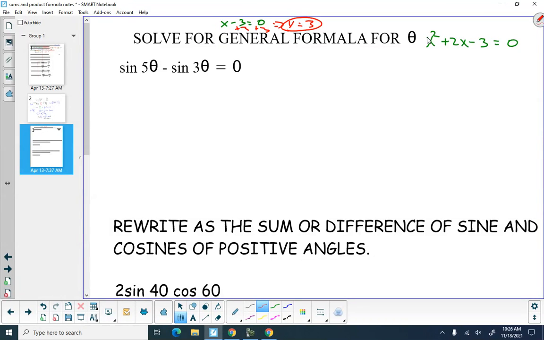Expand it out, you put it in parentheses. You factor it down. So we have two factors. These two factors would be x plus 3 and x minus 1. Factoring it down. And then what do we do with each one of those factors?